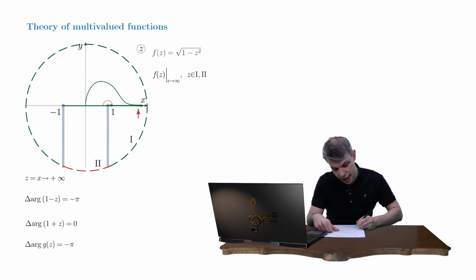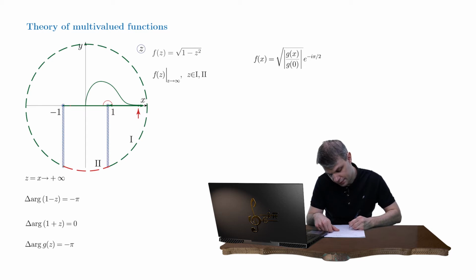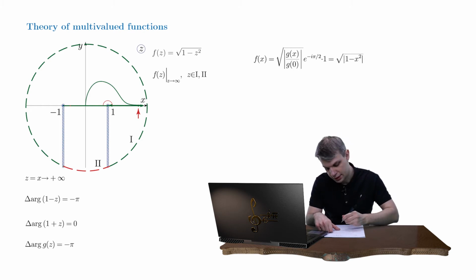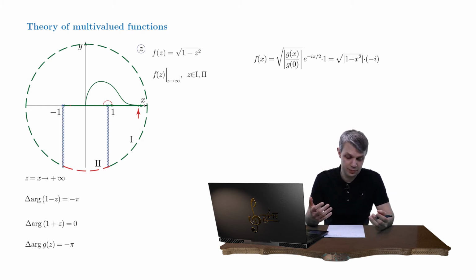And here we go. f of x now equals the square root of modulus of g of x divided by g of 0, times e to the power of minus i pi by 2, times 1. And we obtain the modulus of 1 minus x squared under the square root times negative i. Now we can work with this expression from the viewpoint of real analysis.